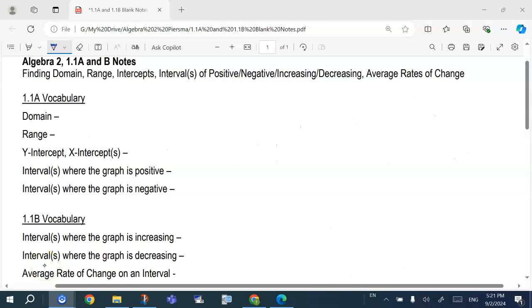This is a video on the vocabulary of 11A and 11B. 11A is, let's start with domain. It is the allowable inputs, or X values. On a graph, you will look for the left to right boundaries.